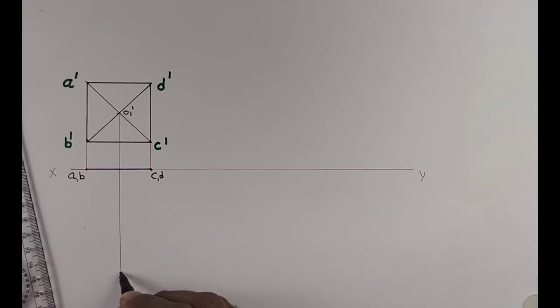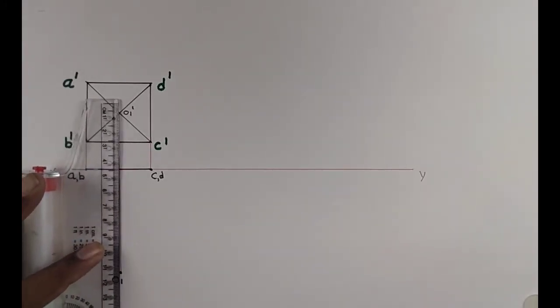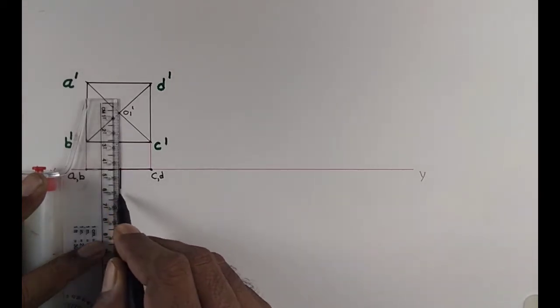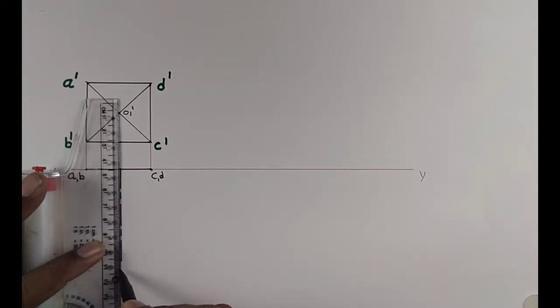This is our plan of apex O1, and always you use the axis symbol. This is full dot full dot full.